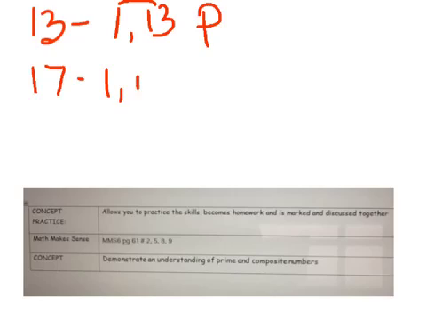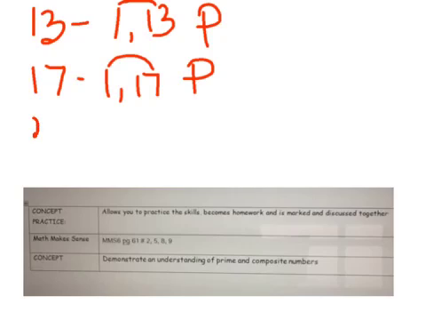In this case, the only way we can make 13 is 1 and 13, which means this number then is prime. What about numbers like 17? Try that one. All right, let's take a look. Again, 1 and 17 are the only factors for 17, making it prime.